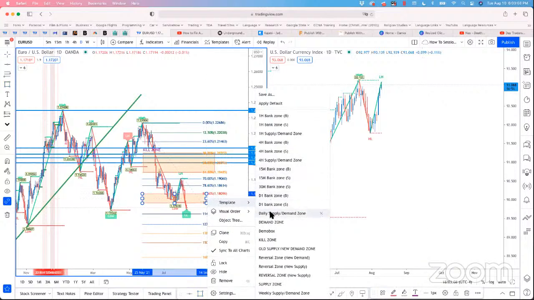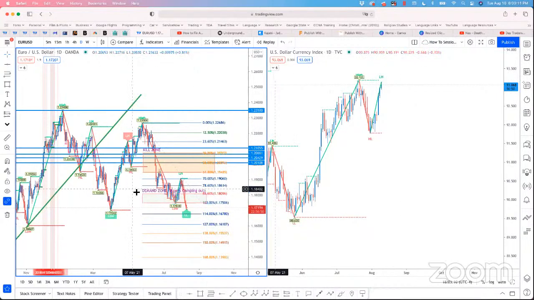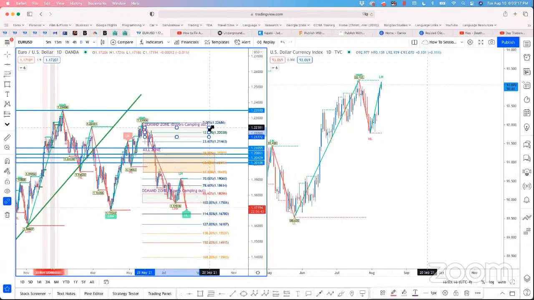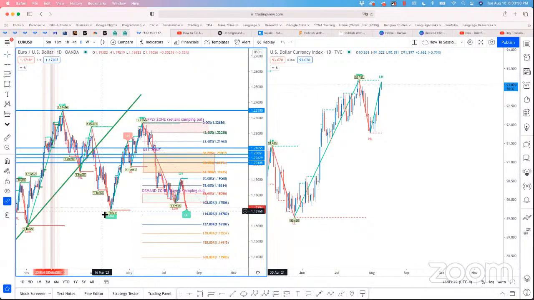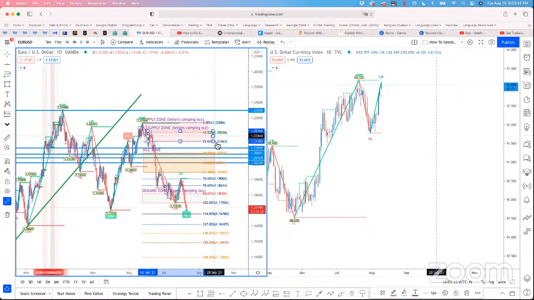This was supply right here. It shifted to the downside in this case, and your new supply shifted into here and even further down.